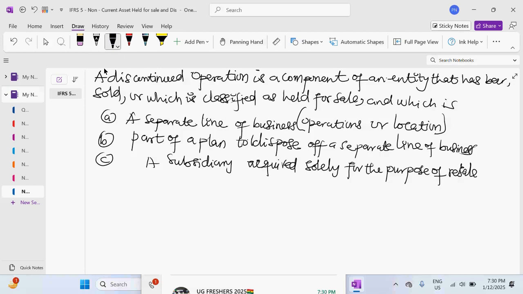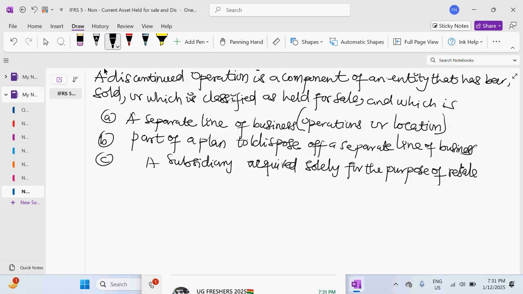So what are the conditions that would help us to classify an asset as held for sale? At what point do we classify an asset as held for sale?